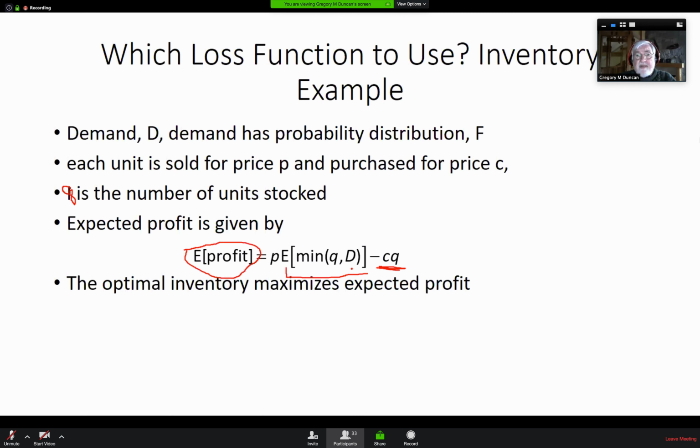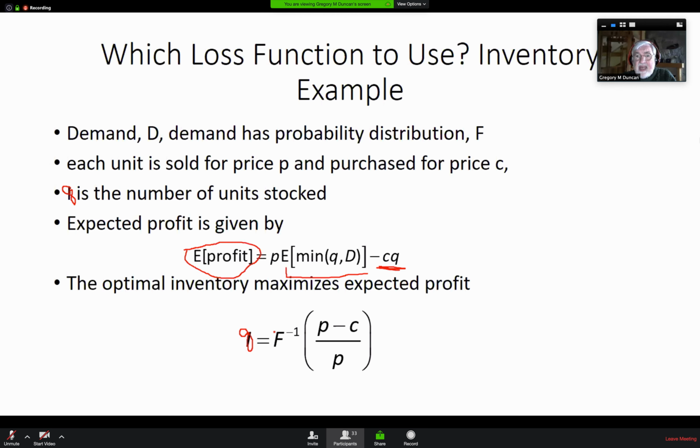The optimal inventory maximizes the expected profit, okay? And again, this should be a Q, okay? And it turns out that it can be written down very simply. You have price minus cost divided by price.